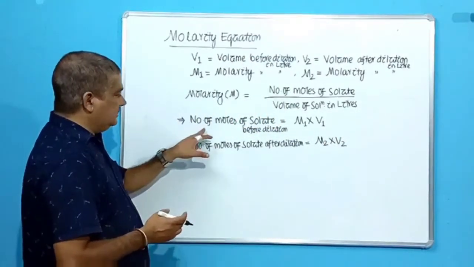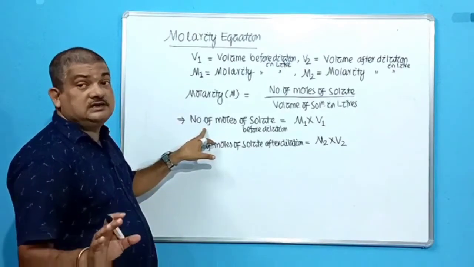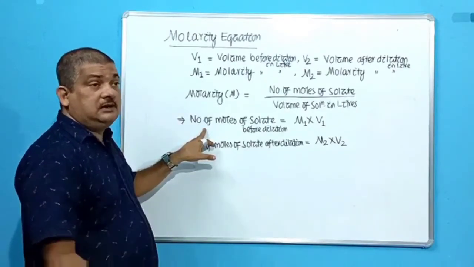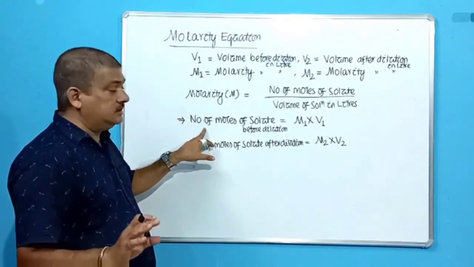But as I told you, the number of moles of solute does not change during dilution, whatever solvent we are adding. So the number of moles of the solute remains unchanged.